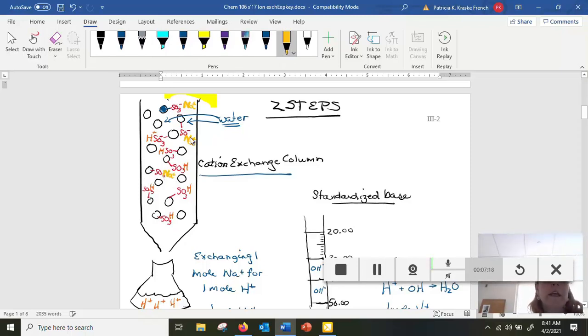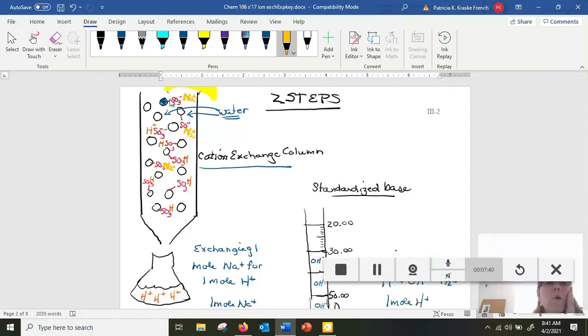You'll see here that for every sodium that comes onto the column, a hydrogen has been booted off, which eventually will make its way down into the Erlenmeyer flask in which you'll catch the effluent. So you're pouring your sodium ion solution on, and the sodium ions kick off those hydrogens, which eventually make their way down into the Erlenmeyer flask.